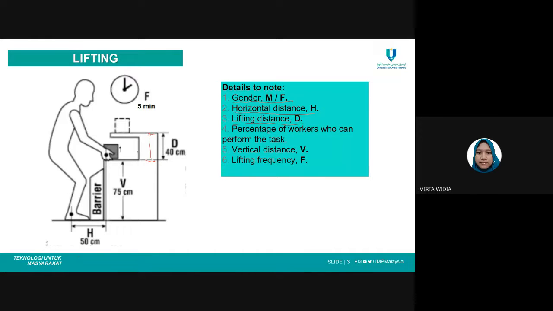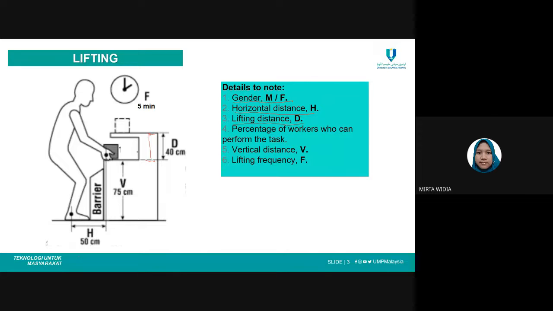And then the percentage of workers who can perform the task, meaning how many percent of the workers are able to do this task. Is it only 75%, or only 50%, or maybe 90%?